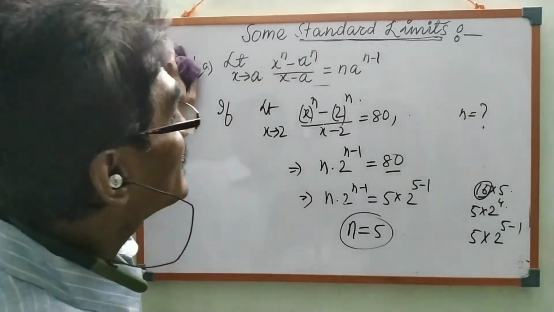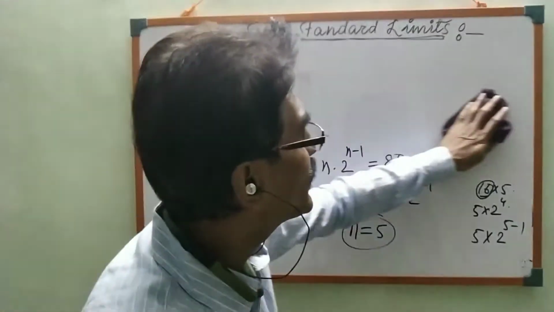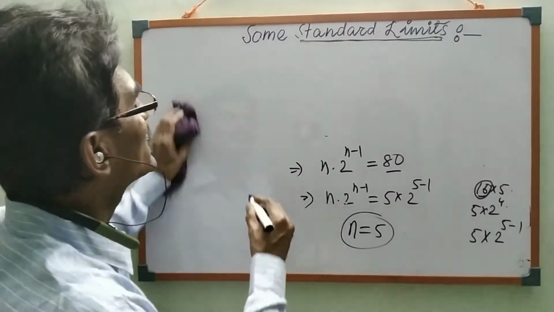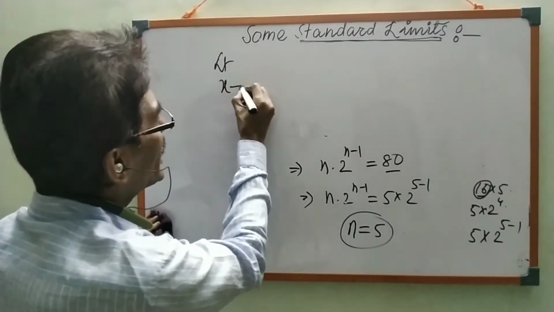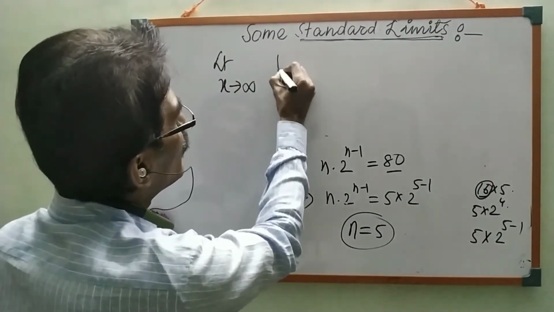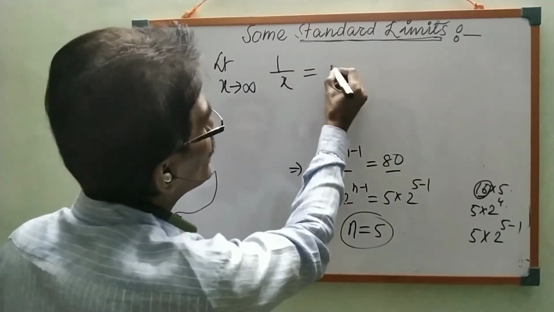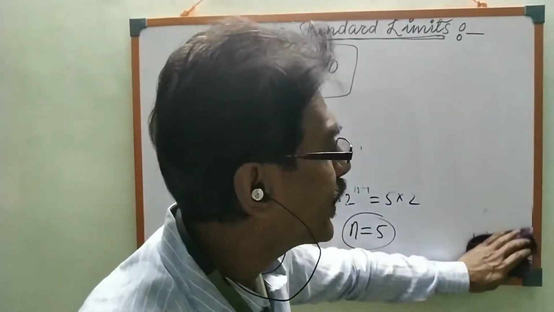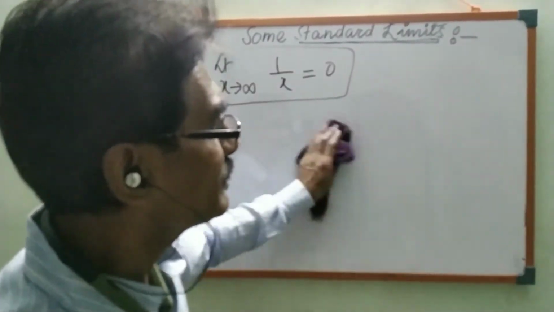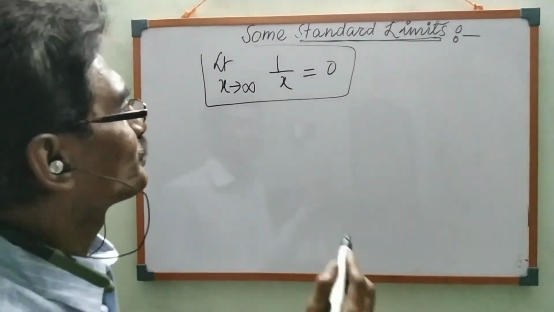You see, the second one, I have given the formula, what? Very simple formula, limit x tends to infinity 1 by x equal to 0. This is our standard limit. What type of sum you will get for the application? Say question number 1.